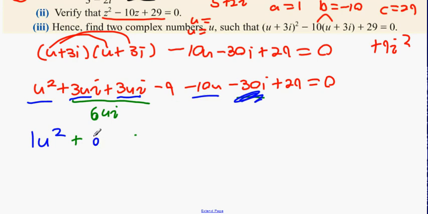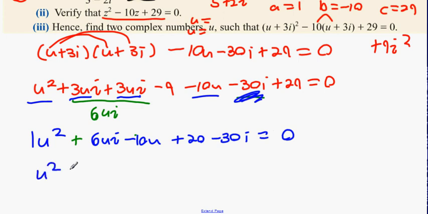So it's going to be 6ui minus 10u, and then at the end it's going to be minus 9 plus 29 is plus 20, so it's going to be minus 30i, we'll do it this way, plus 20 minus 30i.